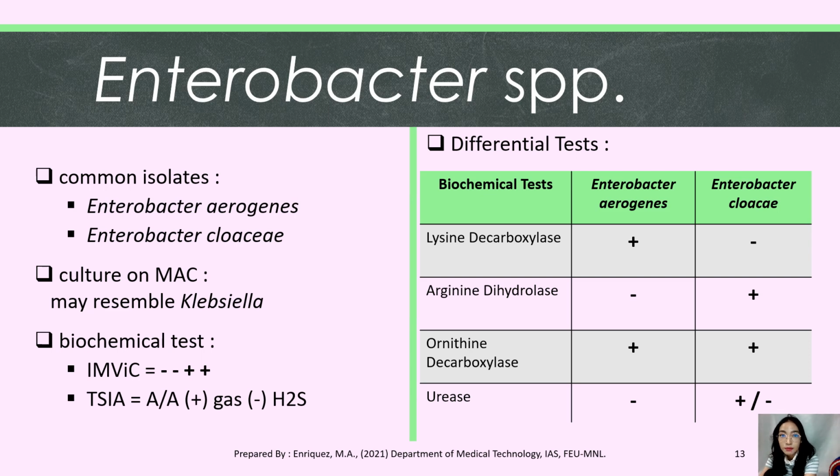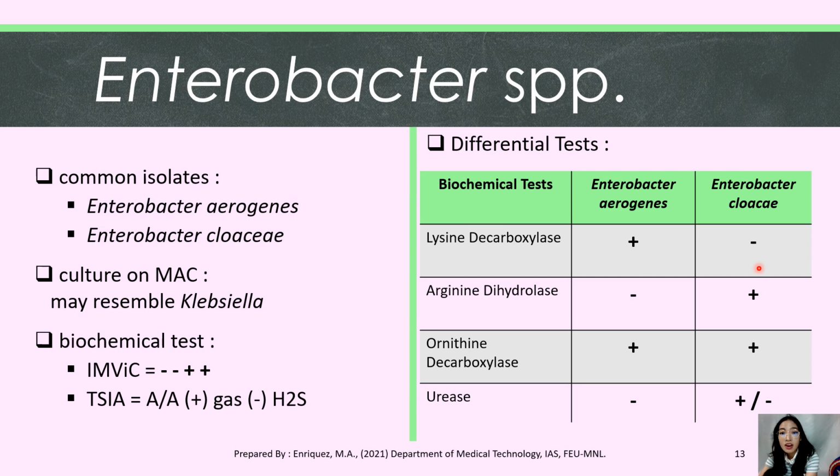Now, if we would want to differentiate Enterobacter aerogenes from cloacae, then that is where this table will come in handy. So although they are both ornithine decarboxylase positive, lysine decarboxylase positive po aerogenes, but cloacae is negative.